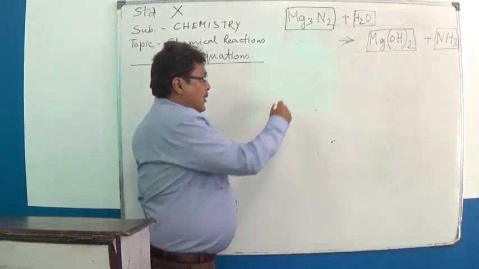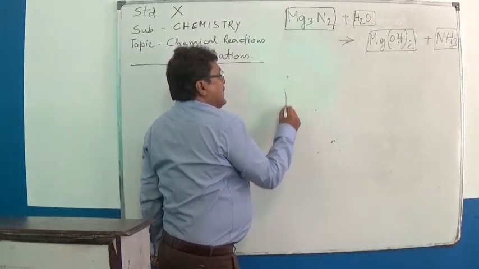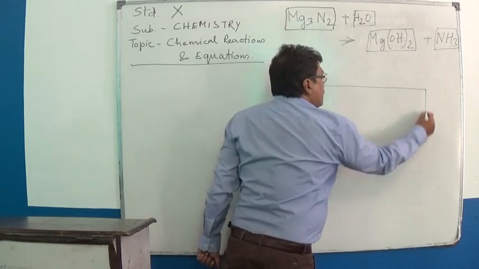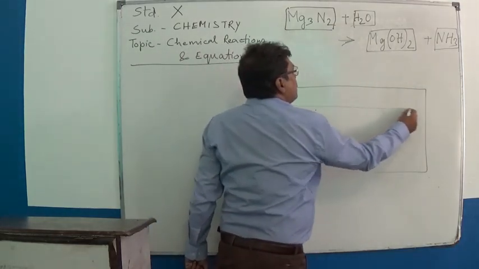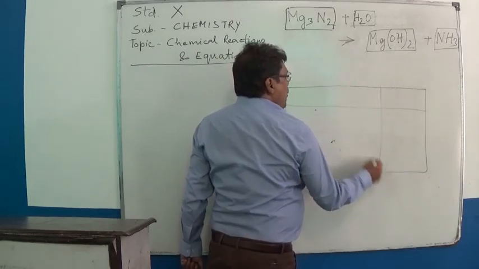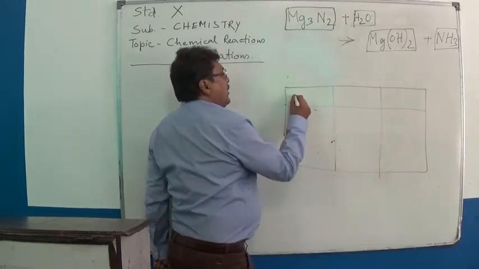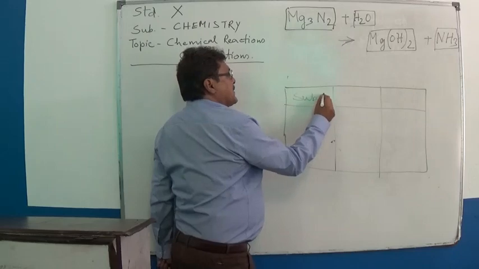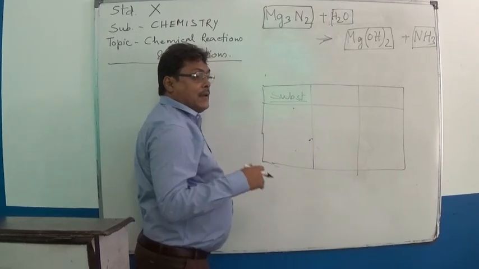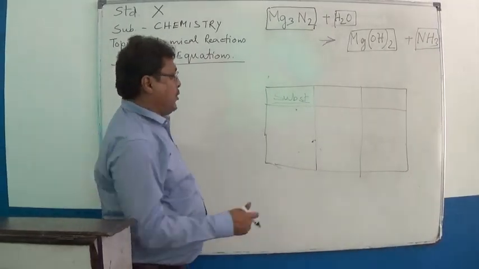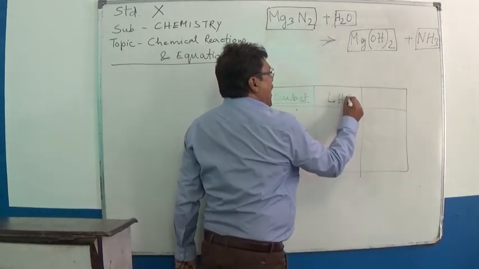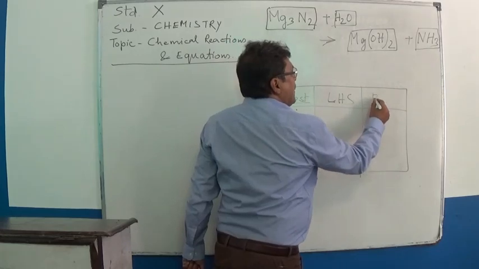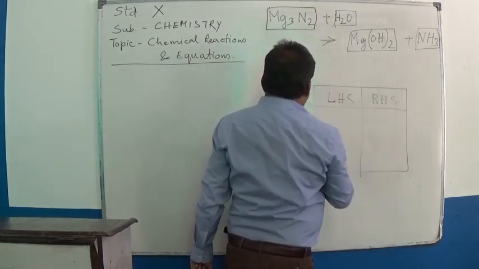Now what we do next is make a table to show substances taking part in the reaction and produced, on both the reactant side and product side, number of atoms on the left hand side, number of atoms on the right hand side.